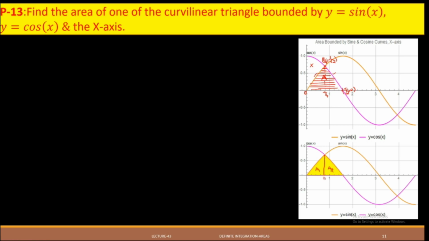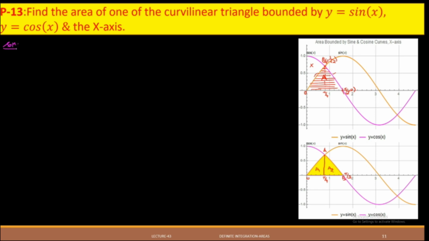So this is the point 0, pi by 4, and it is pi by 2. Let me denote this as point A, and this is point B. Now let us find out the area of this curvilinear triangle.